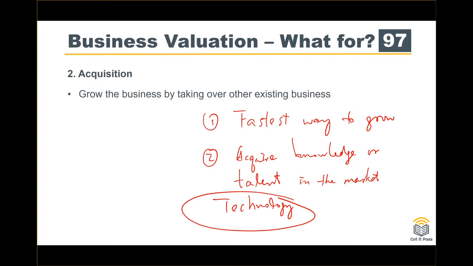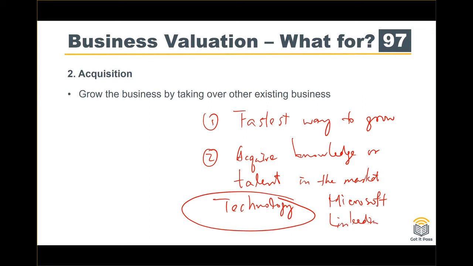In the technology market there may be a lot of technology companies, but in some areas, for example, I think you have already heard a name like Microsoft. Microsoft is a very big company, and it has made a lot of acquisitions, like LinkedIn.